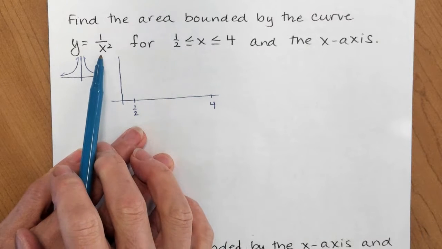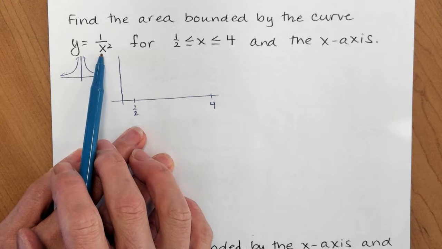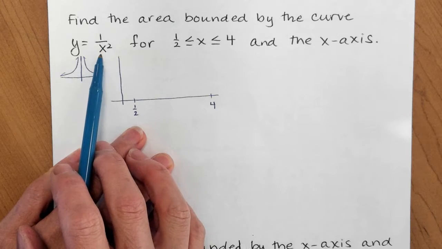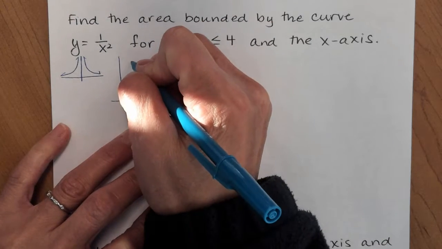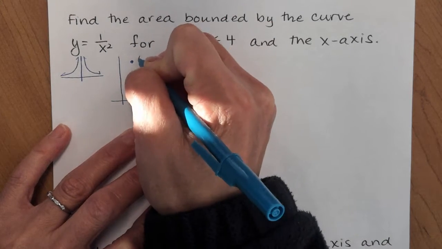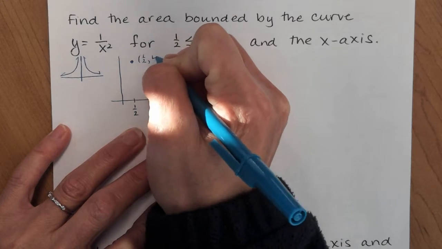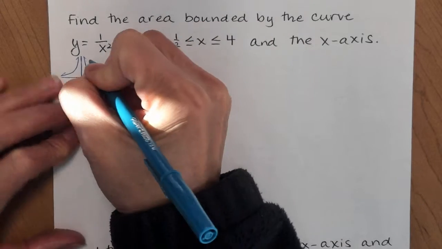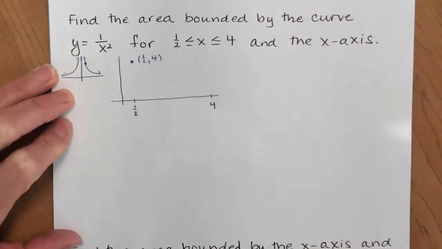When x is 1/2, 1/2 squared is 1/4, 1 over 1/4 is 4. So this is going to be the point (1/2, 4), which might be about here on this graph.